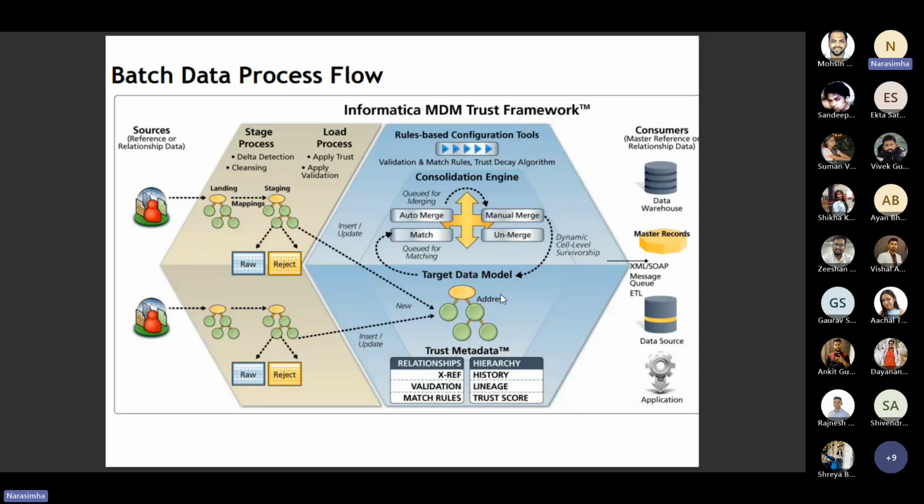In the base object, we can also have hierarchical data, like a root, base object, children, and so on. In that case also there is a concept of match path, where we can specify at which level we need to perform match and merge. That we can specify using a match path.